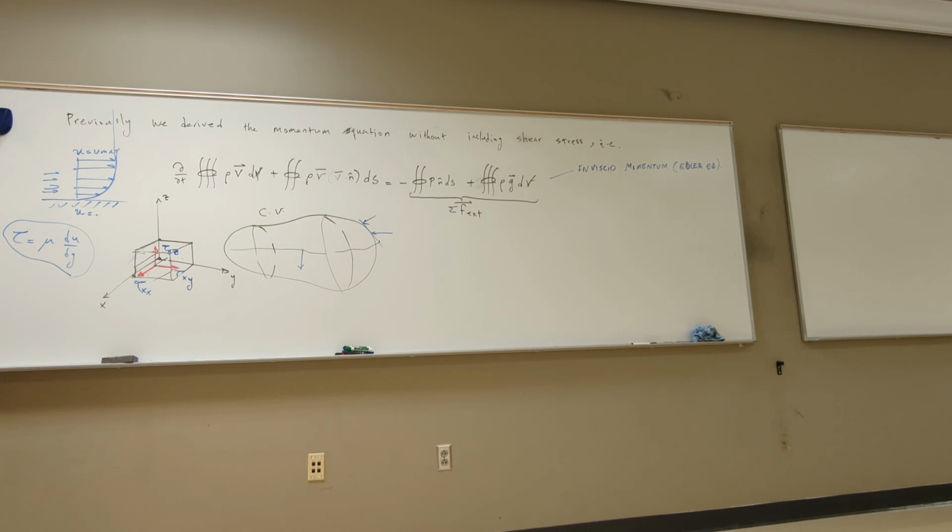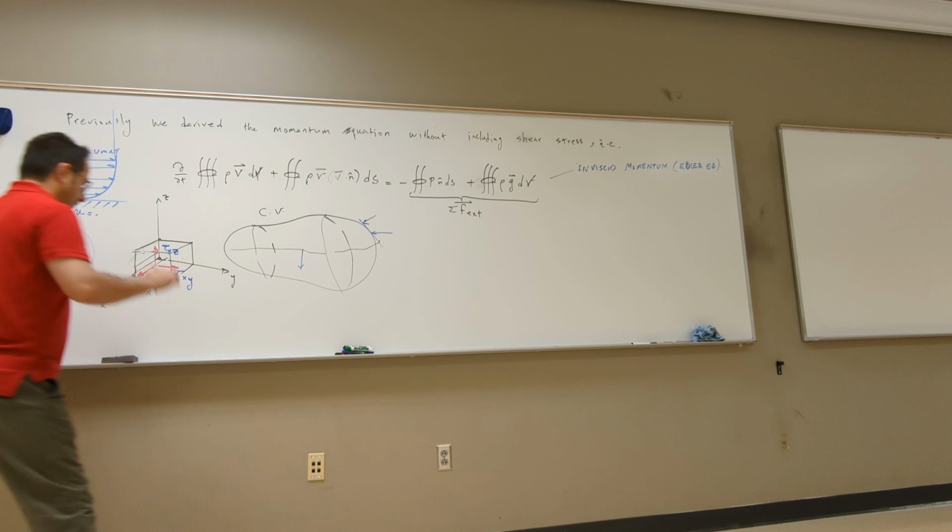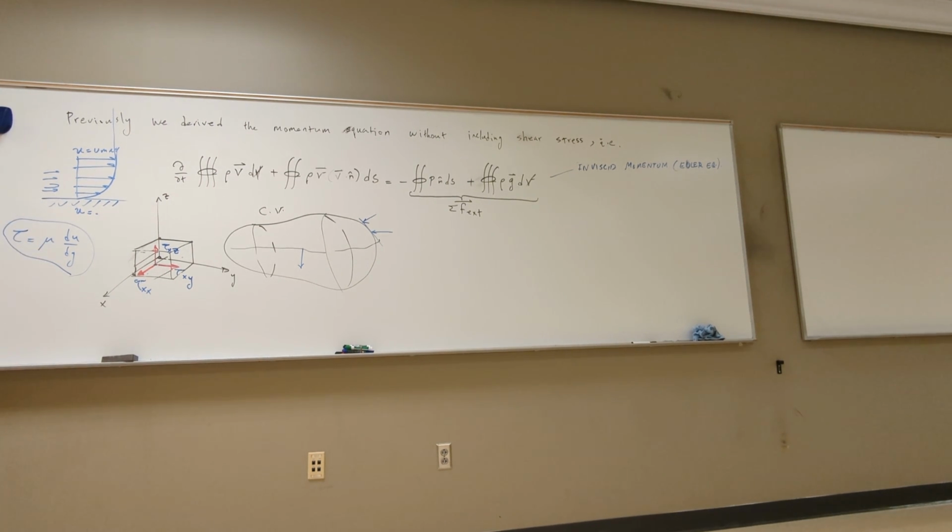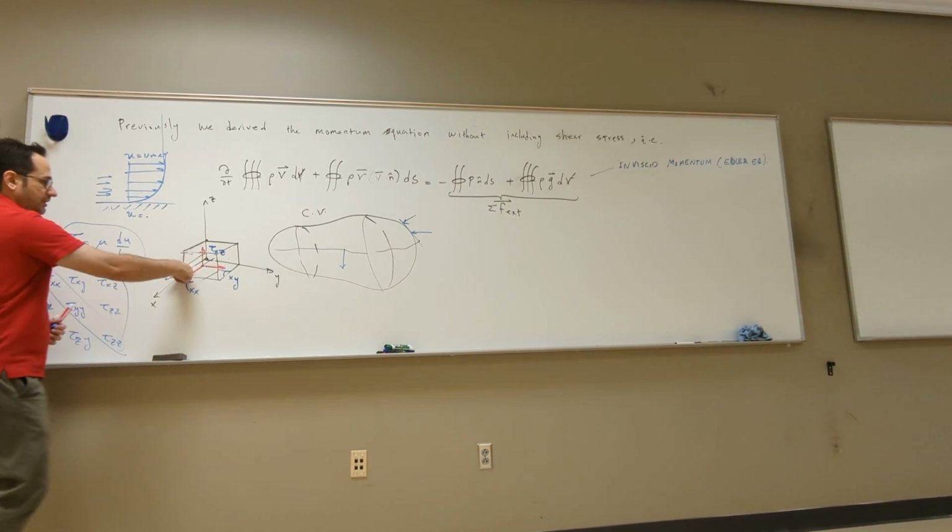9. So in fact, the way they show that, we're not going to do that, but they show it in matrix form. Tau XX, tau XY, tau XZ, tau YX, tau YY, tau YZ, tau ZX, tau ZY, and tau ZZ. So they combine all into a matrix form. You see the ones on the diagonal are just the normal stresses.